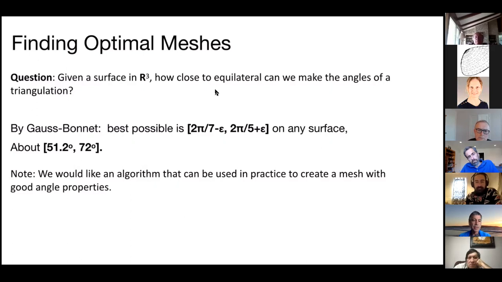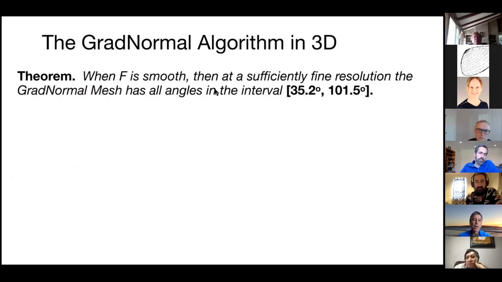And it turns out that we don't quite do that. What we do is we give an algorithm based on normal surface theory, which gives all the triangles in the interval 35.2 to 101.5 degrees.